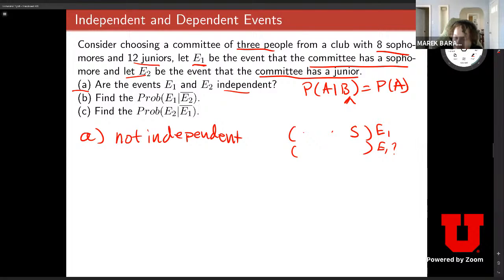So it's more likely there's going to be a junior when nothing is known about the committee than when there is something known. Does that make sense? The fact that I know there's a sophomore on the committee means it's less likely there's going to be a junior, just because there are fewer spaces for the junior to appear.